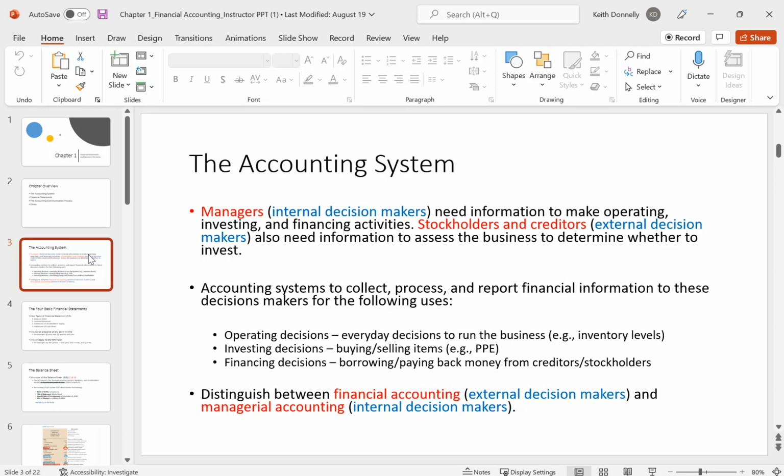And in this class, traditionally what we're going to be looking at is large multinational corporations. So we'll see things like Apple, Nike, Amazon. They do have to produce financial statements because they're publicly traded. A lot of investors who want to buy their stock on the stock exchange need to see that information.